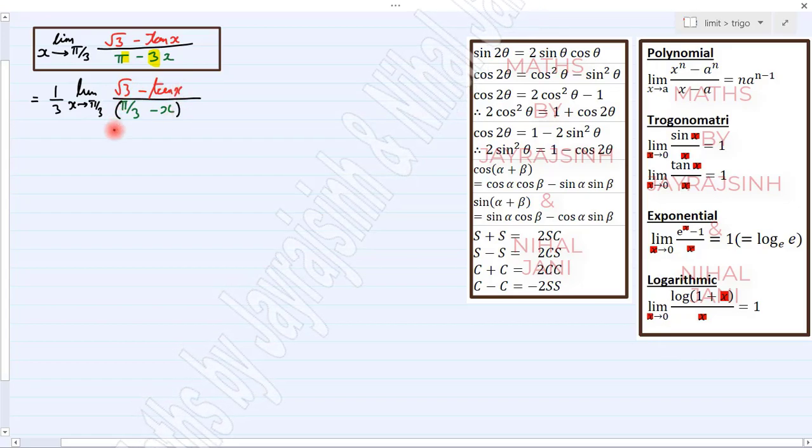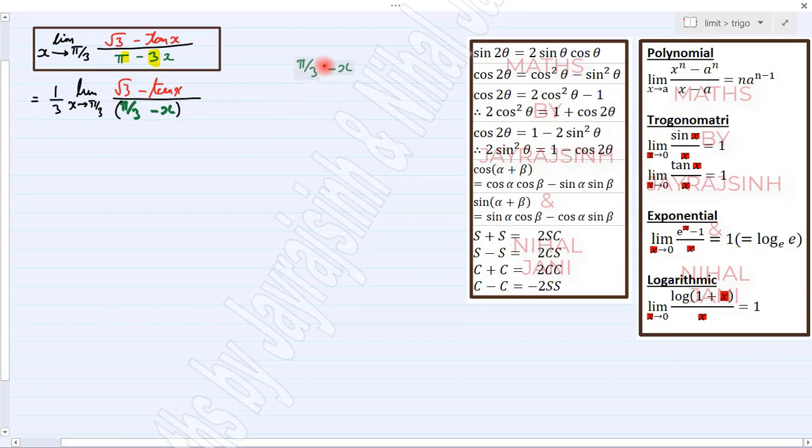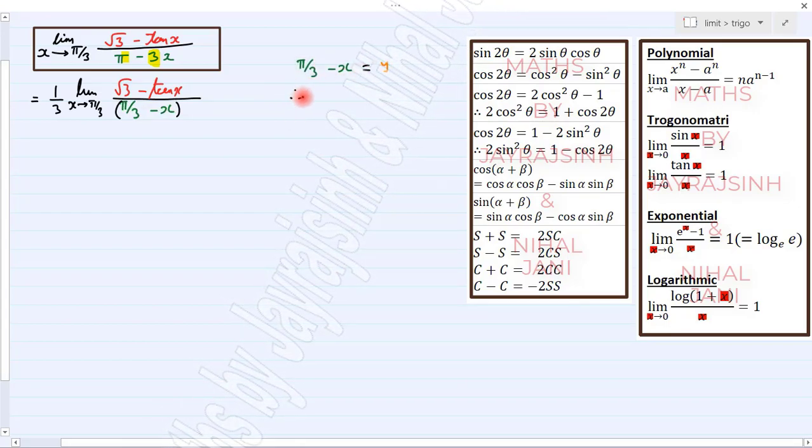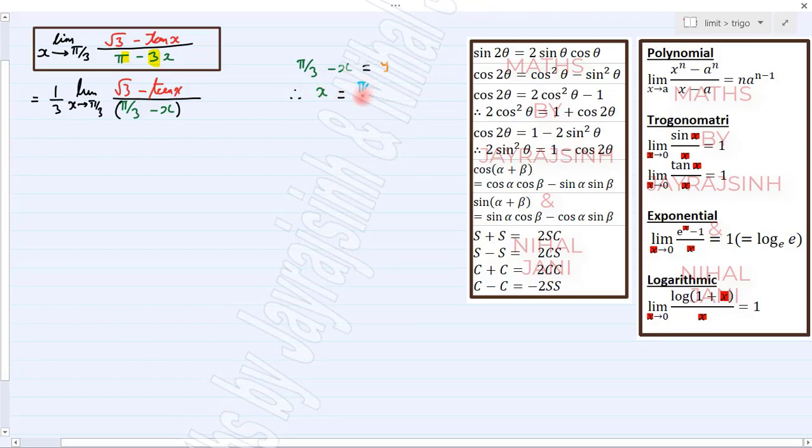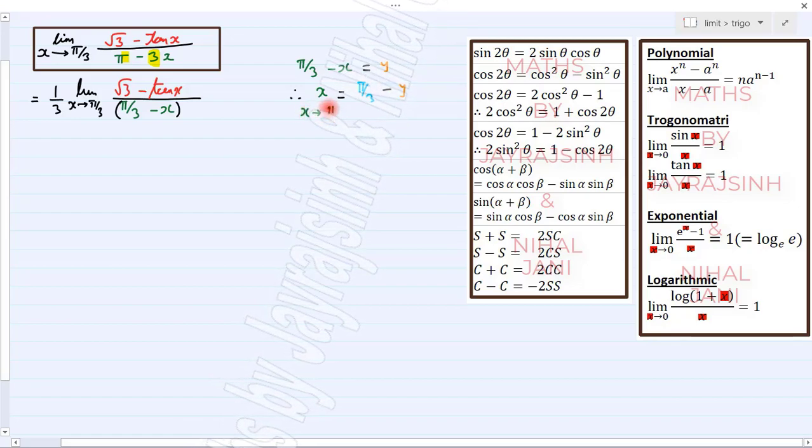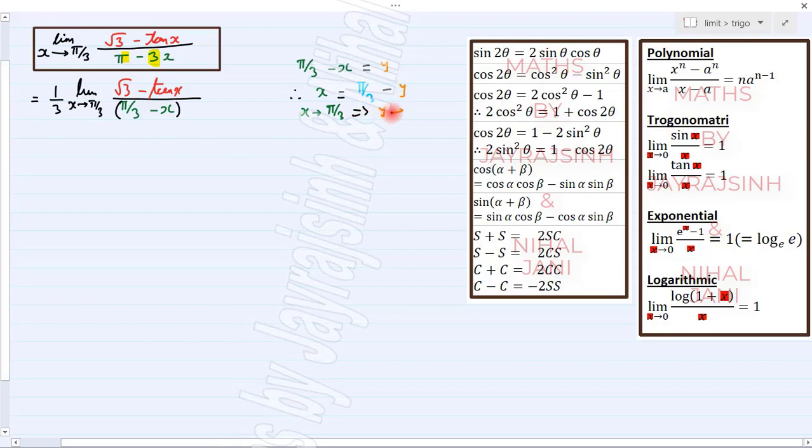So we are ready to follow our tradition of assumption of denominator is equal to y. So we can say your x is equal to pi by 3 minus y, and x tends to pi by 3. Therefore, your y will tend to 0.